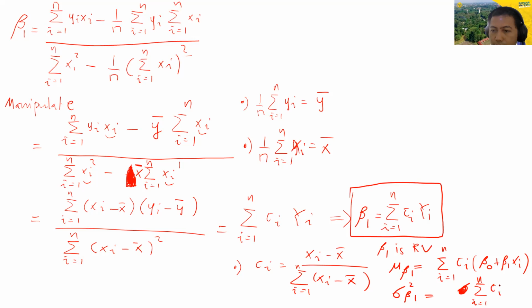And c_i, this is standard deviation of Y. Standard deviation of Y, something like this. Okay, that's my point. We arrive at this conclusion. We already proved that beta 1 is a random variable that has mean being this and standard deviation being this.